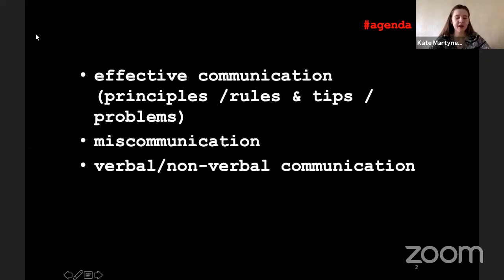We will discuss the principles, the rules and tips, and main problems. The second point is miscommunication. We will talk about what miscommunication is and why it's important to discuss. And the final point is going to be verbal and nonverbal communication. We will find out what verbal communication is and what nonverbal communication is. So I think today we have a lot of things to do. So let's start.